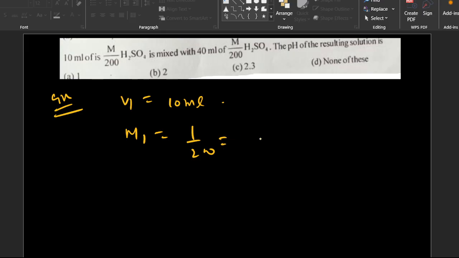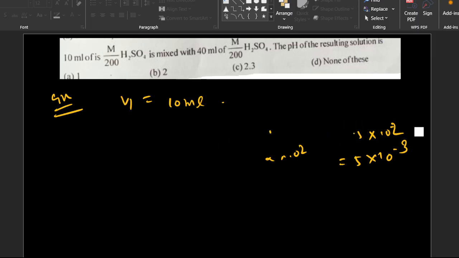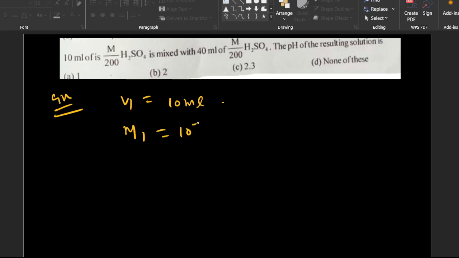So this I can write as 1 by 2 into 10 raised to 2, that is 0.5 into 10 raised to minus 2, so this I can write as 5 into 10 raised to minus 3. So simply write M1 equal to 5 into 10 raised to minus 3.